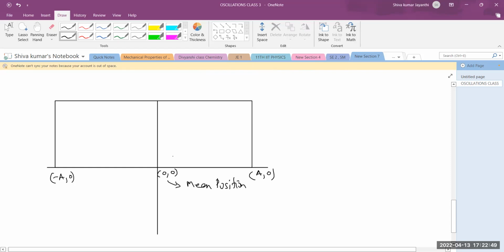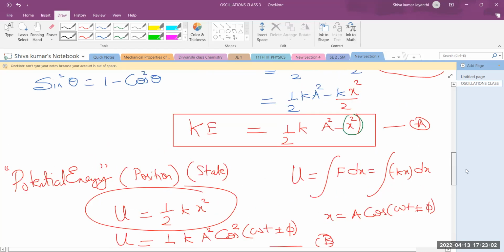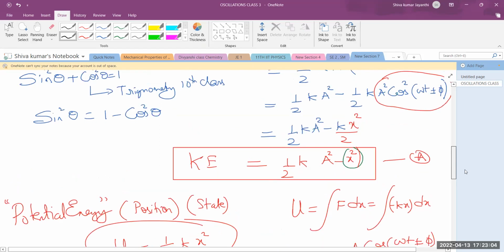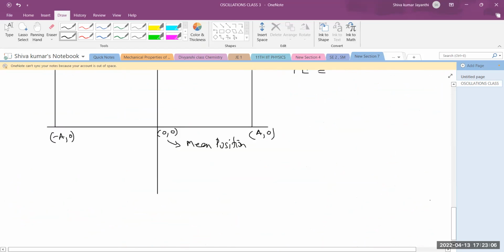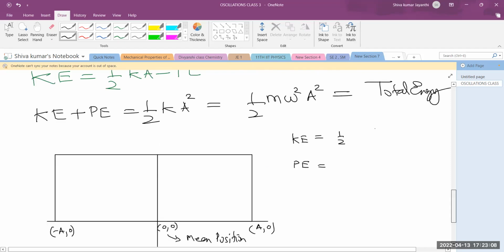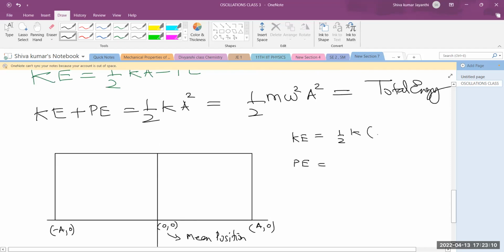At the mean position, which energy is maximum? Write the equations and you will understand which energy is maximum and which is 0. Kinetic energy is half k into A square minus x square, and potential energy is simply half k x square.